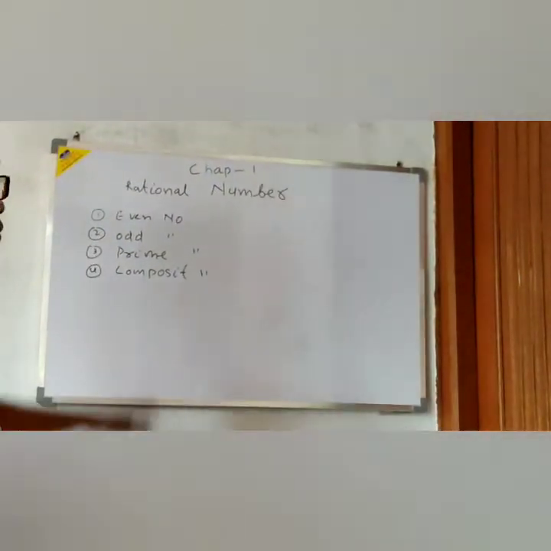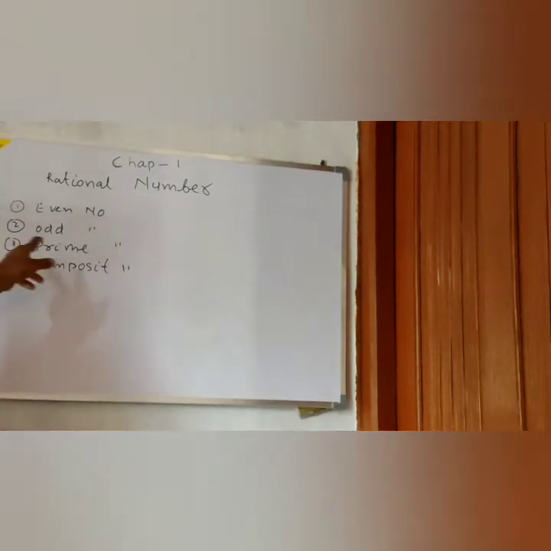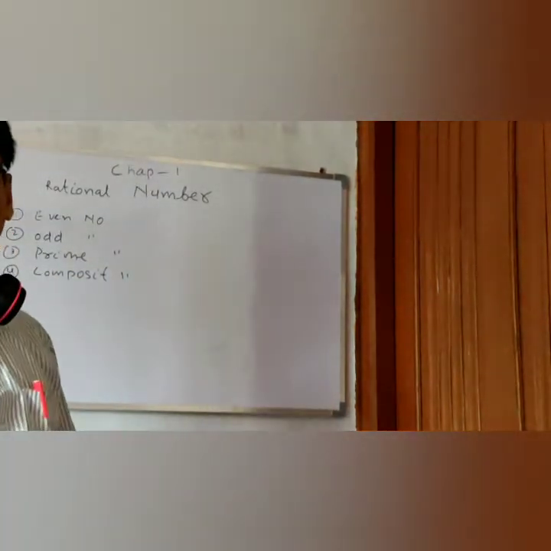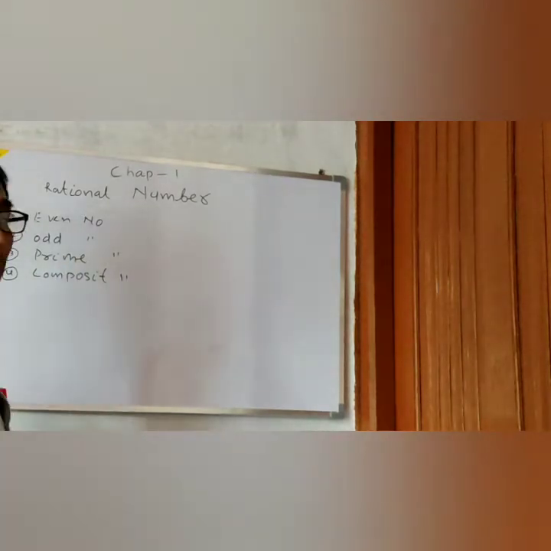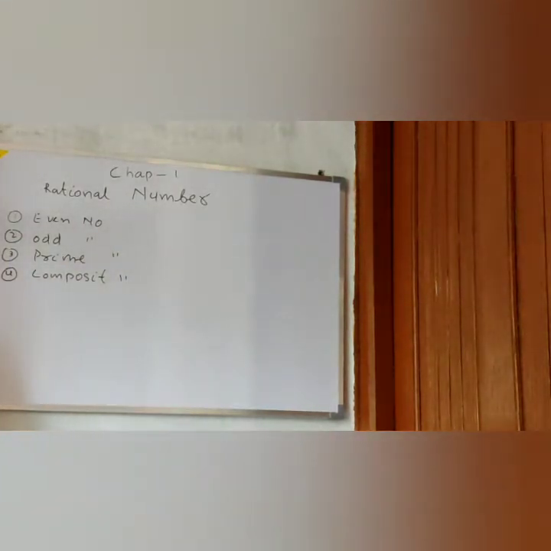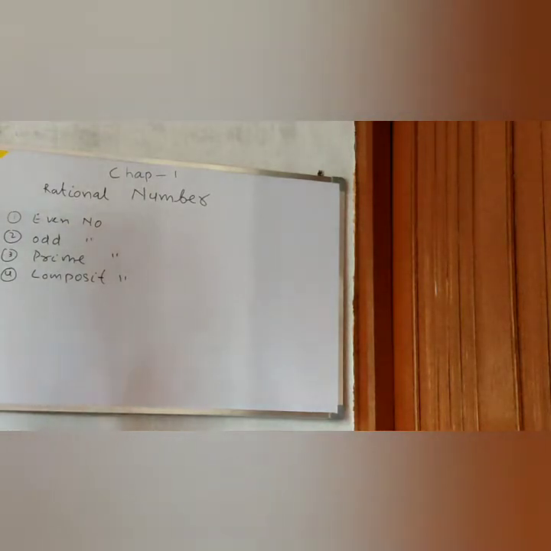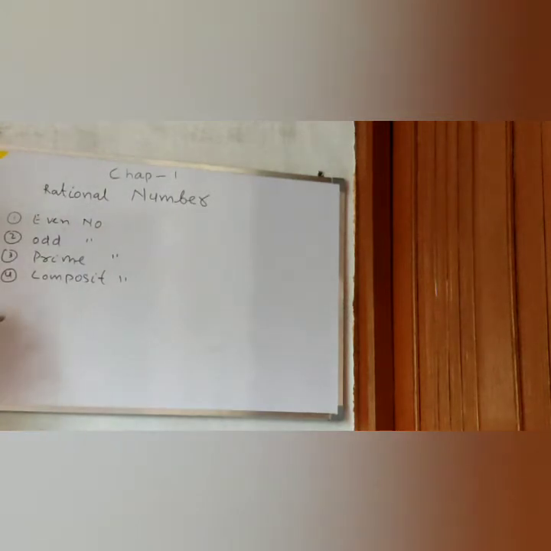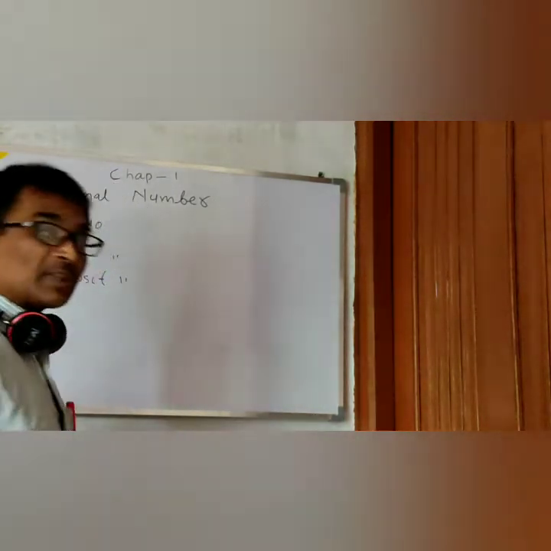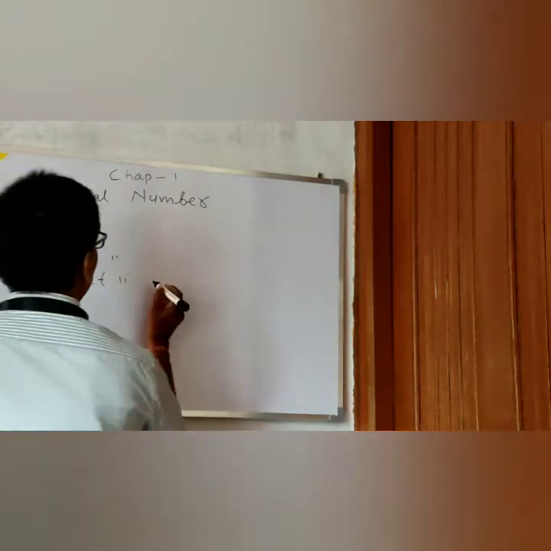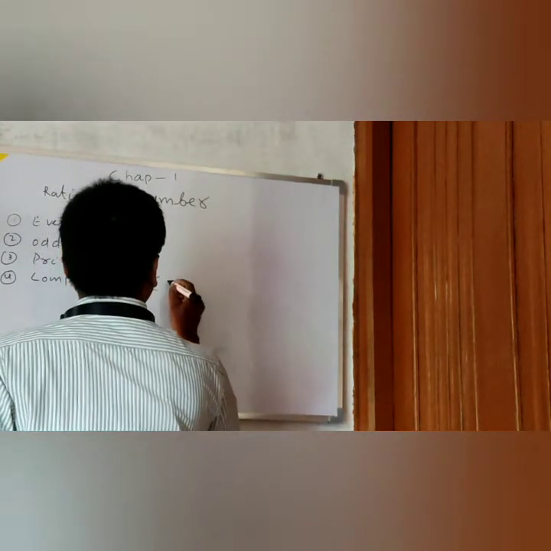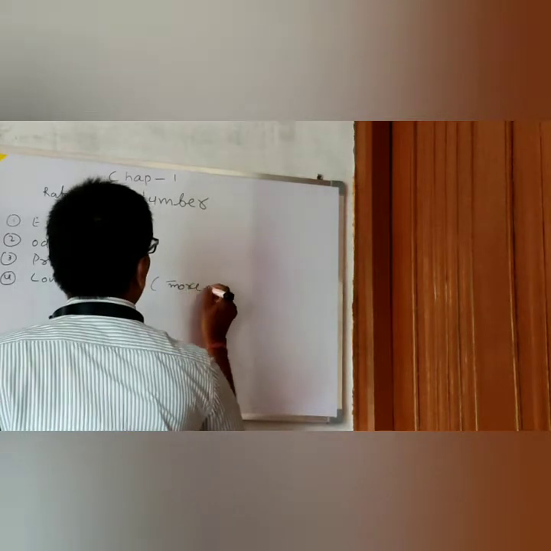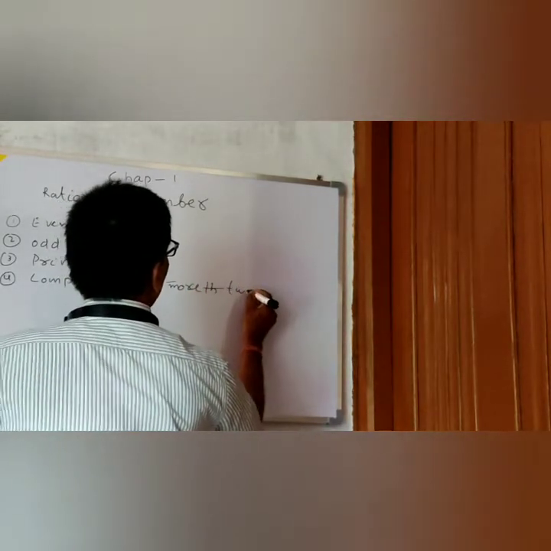You already know what an even number is. An even number is a number which is divisible by 2. An odd number is not divisible by 2. A prime number has only 2 factors, and a composite number has more than 2 factors.